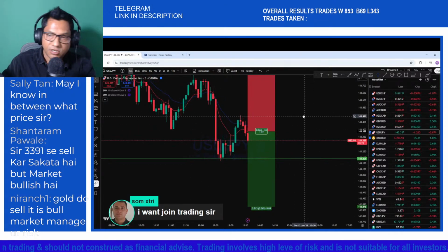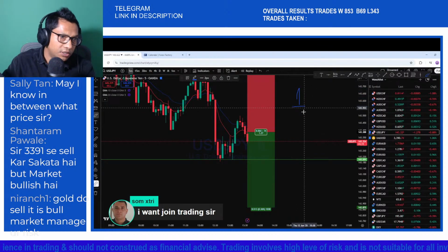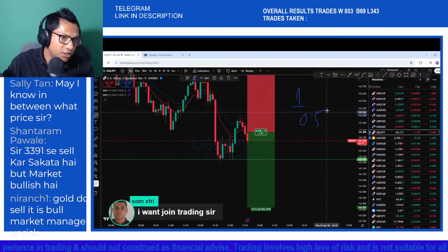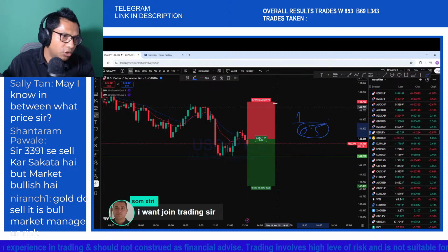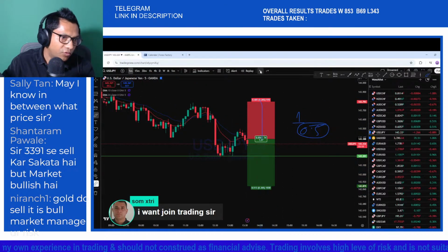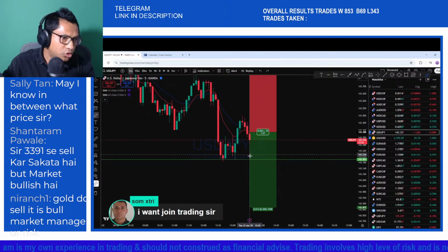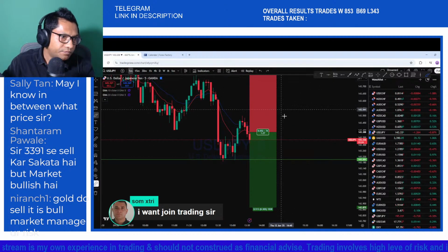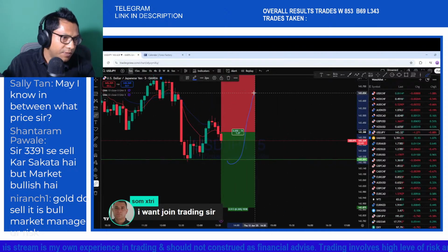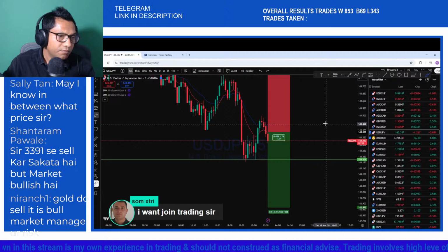That means if you are in a one lot, then 0.5 lot closed, and we'll move the stop loss to entry, and we'll let the rest run for the full TP here, because it's a bear market, expecting to drop back to this support level. From here it may try to go back up, or it may continue to drop.